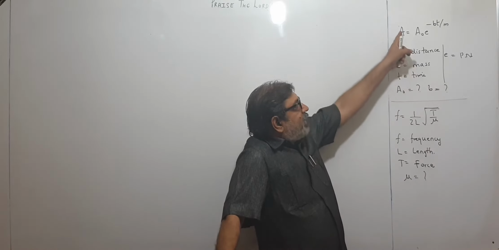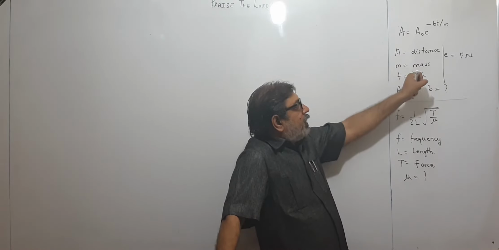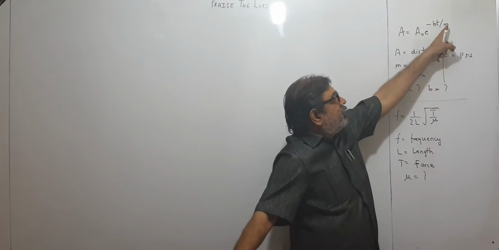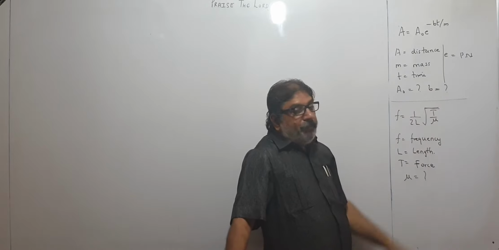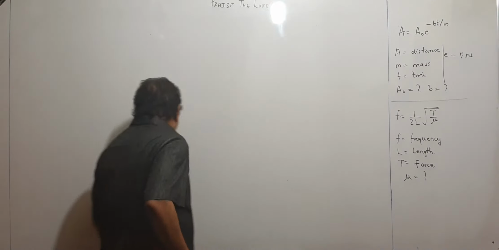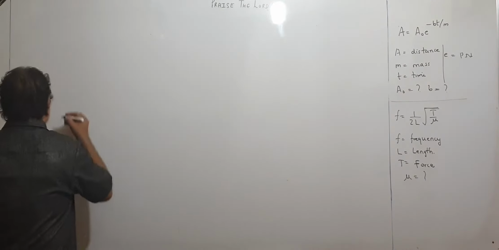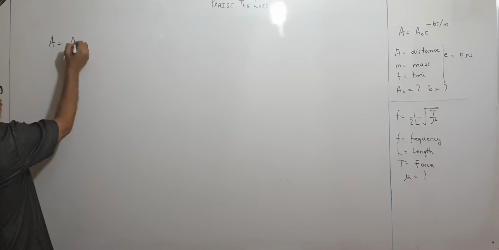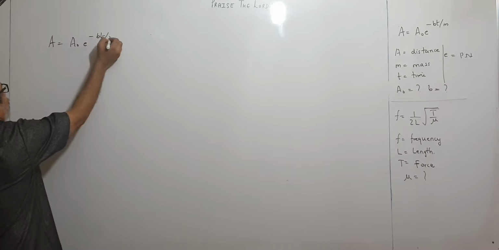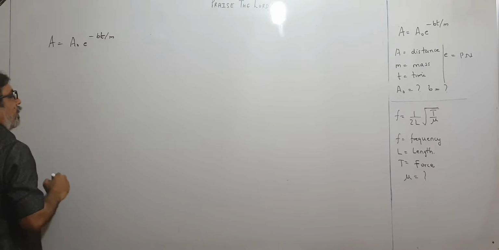It is given to me that A represents distance, M represents mass, and T represents time. So we are asked what are the units of A0 and B. Children, if I write this equation, so this A becomes equal to A0 E minus Bt by M, something like this.